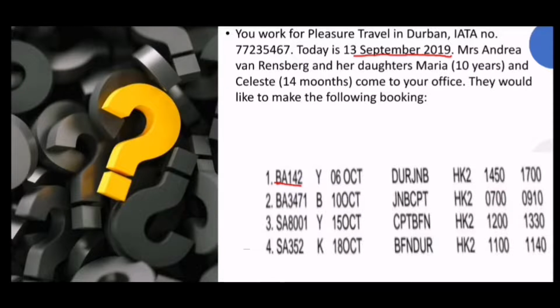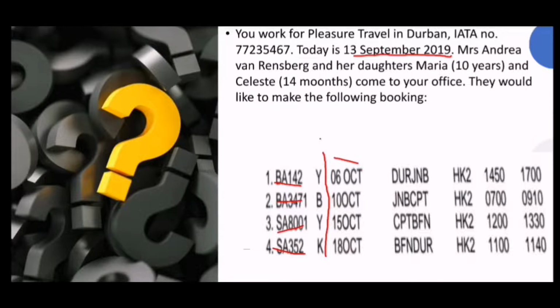Your carrier is found under your flight numbers, and then your class is found directly thereafter. Then you have the date of travel, which shows you on which days they are going to be traveling. The first date of travel is the 6th of October, the second one is the 10th, and so on and so forth.